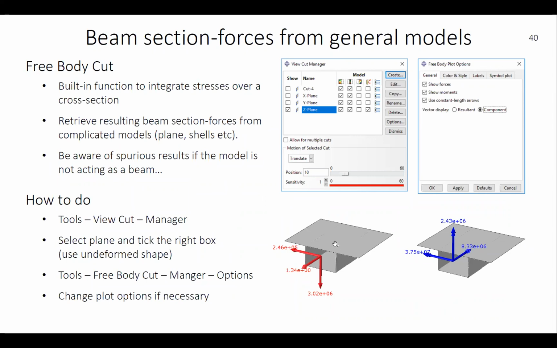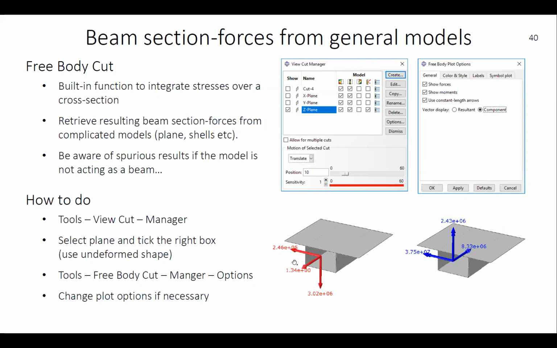And there is a facility in Abaqus in which you can integrate the stresses over the cross section in order to get the equivalent beam section forces, which is illustrated by these red and blue arrows. So these are the shear forces in the different directions, and these are the bending moments and twisting moments in different directions.